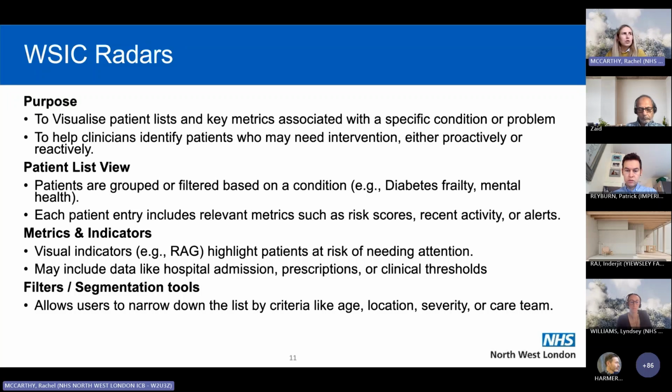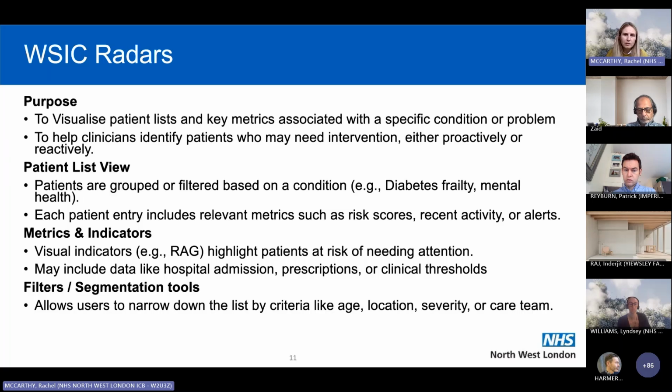We've got the patient list view. So with regards to this, how do we decide who those patients are on each dashboard? How we determine who that cohort is will depend on the requirements for the dashboard. If it's an asthma dashboard, we would use the QOF asthma business rules to define who's asthmatic.